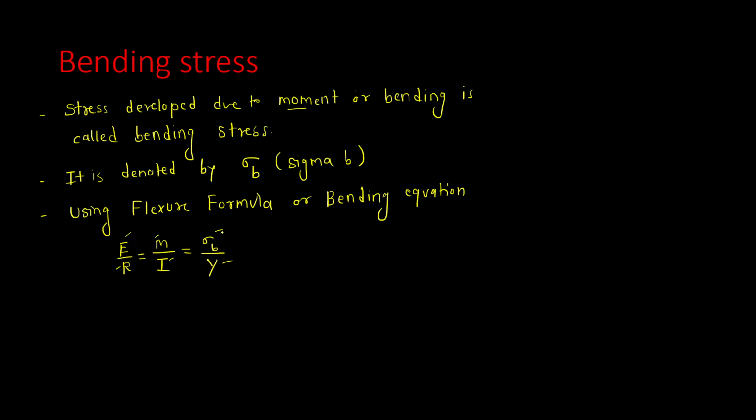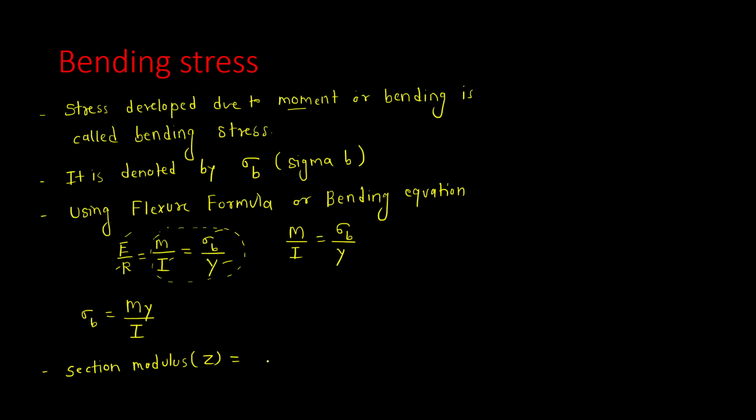Now from this equation we will be taking this second part. So M by I is equal to sigma b by y. From this, the value of sigma b is M y by I. Now if you remember, there is one concept which is called section modulus.